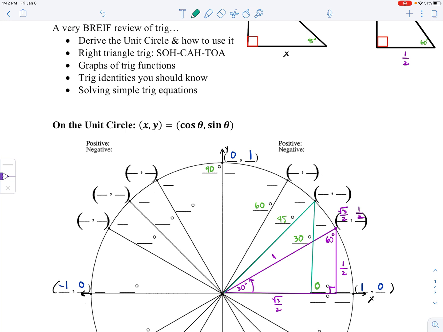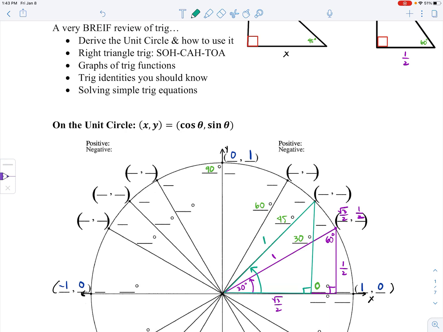Okay, so now drawing my 45, 45, 90 degree triangle, this angle would be 45 degrees, and this angle would also be 45 degrees.